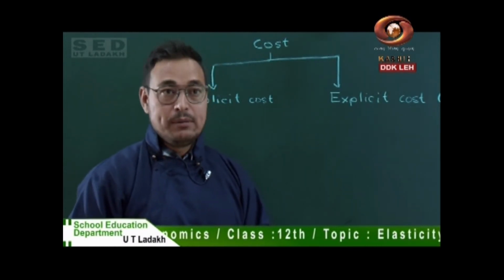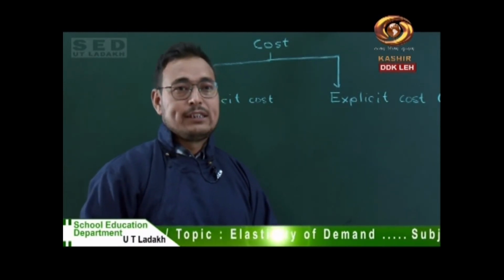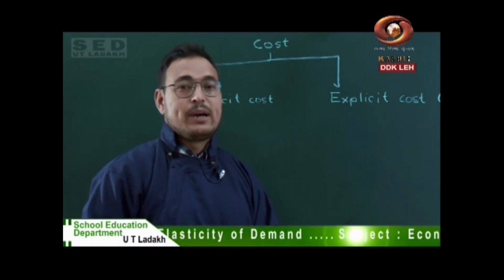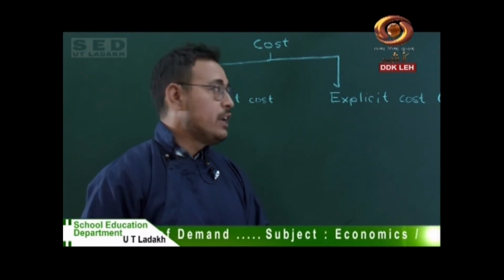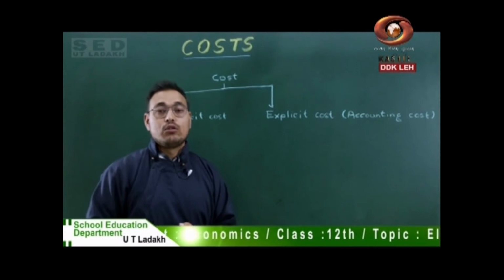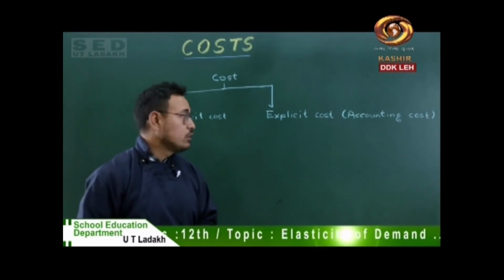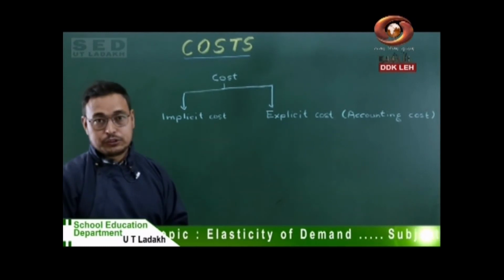But I am using my own labor and at the same time my own expertise, or the place where my factory is installed. So over here I will be paying explicit cost, but at the same time there is a cost for my own labor and resources. Now that will be implicit cost.